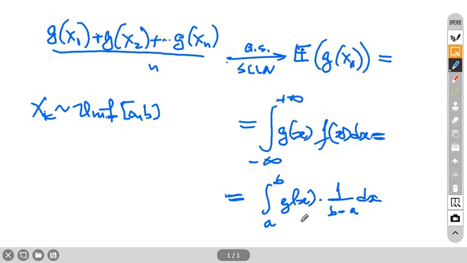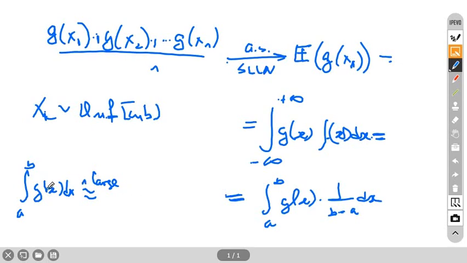So we can calculate the integral of g by calculating this for large n and multiplying by b minus a. So the integral from a to b of g of x dx is approximately, when n is large, b minus a times g of x1 plus g of x2 plus ... plus g of xn over n.